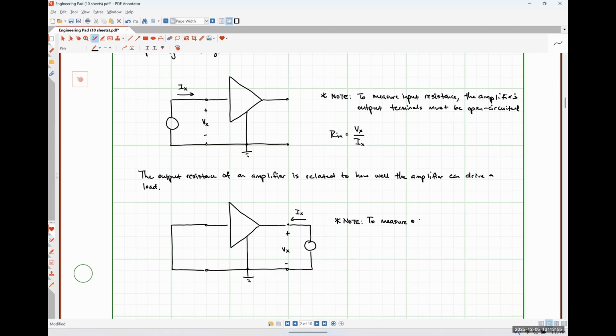To measure output resistance, the amplifier's input terminals must be short-circuited.